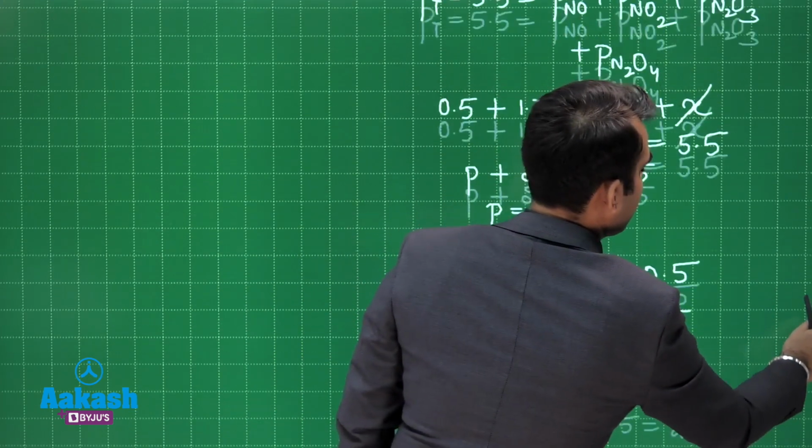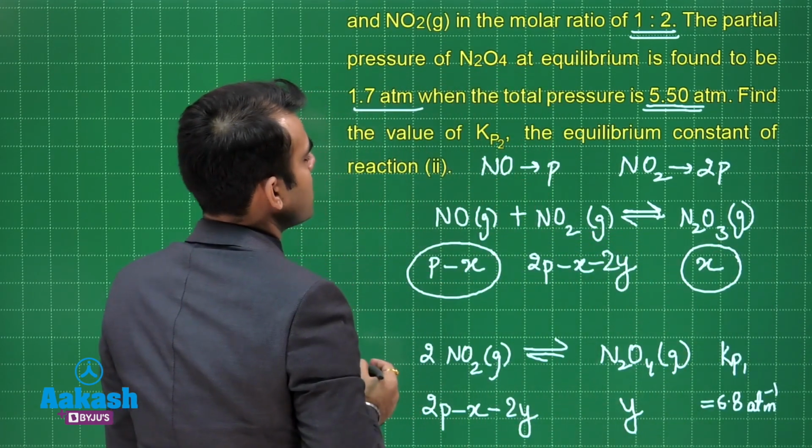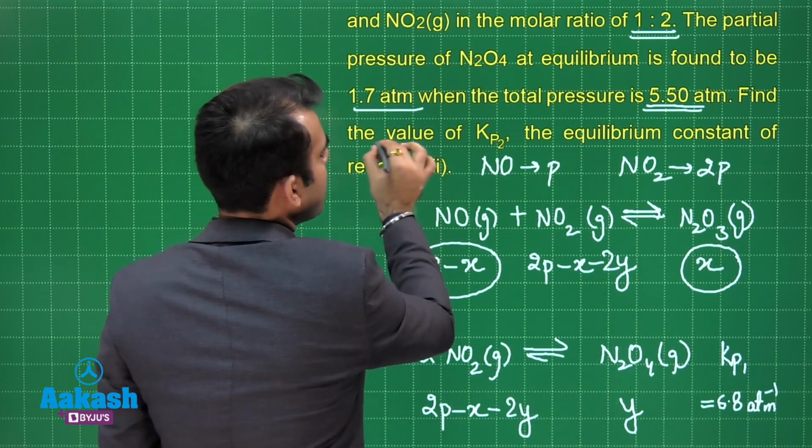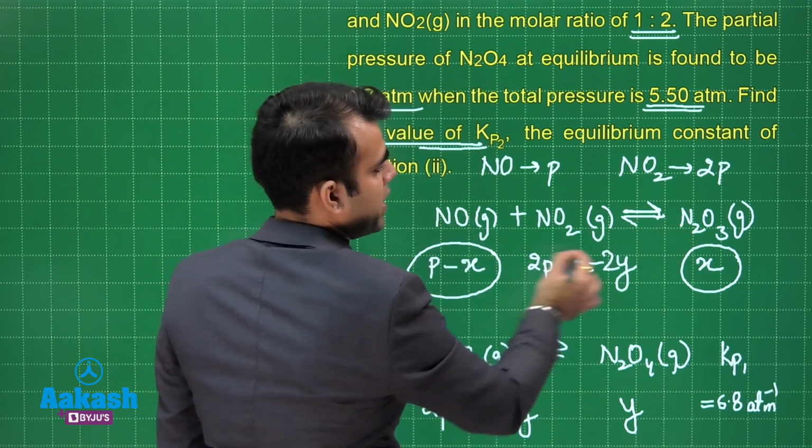So we have calculated X, Y, P, every unknown value. Now the question is asking what is the value of Kp2. Now Kp2 is what? Kp2 is for this reaction.